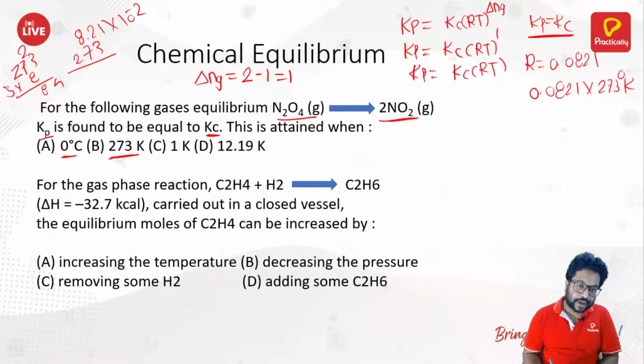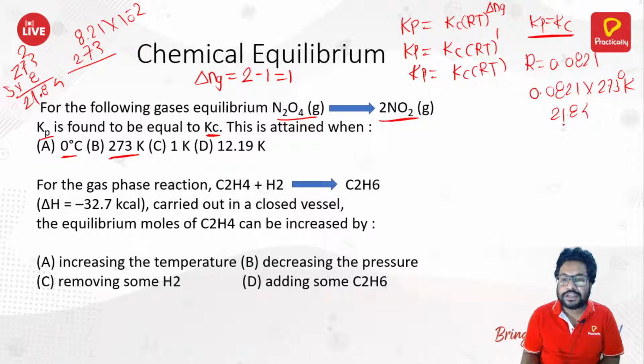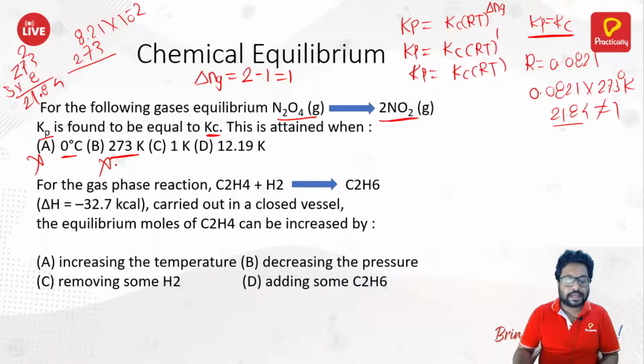You got 8, carry 5. 8 2s are 16, plus 5, 21. 2184. Moving the decimal point, it is 21.84. So the product is 21.84, which is surely not equal to 1. That means A and B both cannot make Kp equal to Kc.